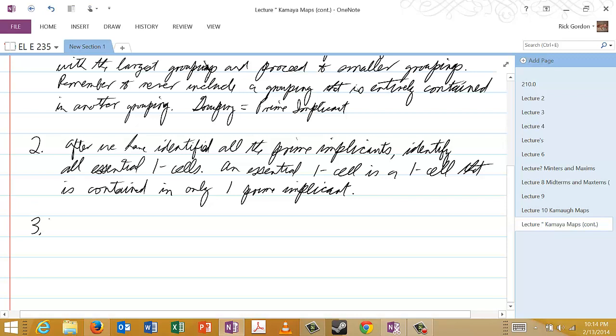In step 3, we identify all essential prime implicants.